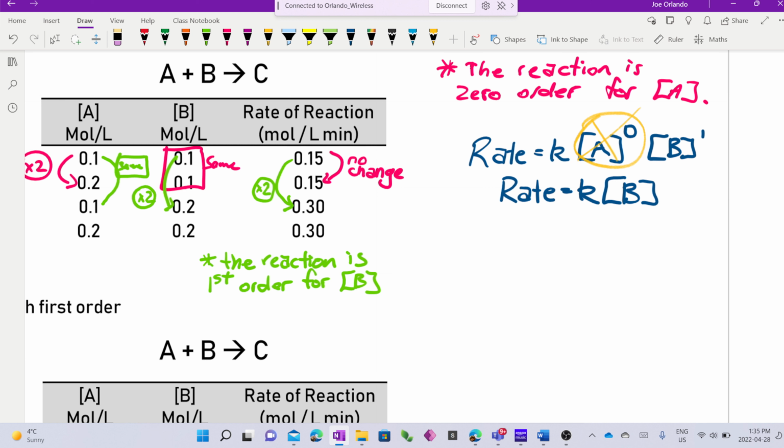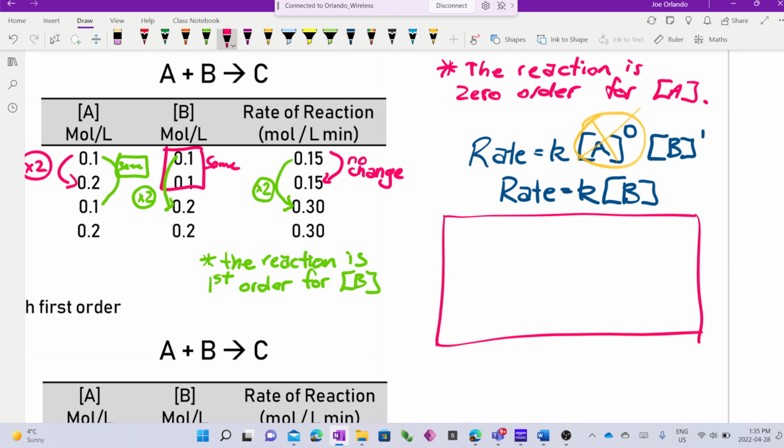And if I wanted to solve for K, what would K equal? Divide K out under rate. Oh, you're trying to find K, sorry. To solve for K, you're right. I wouldn't divide the K out. I would divide by the concentration. So I would do rate divided by the concentration of B. And in this case, I could use any example I wanted.